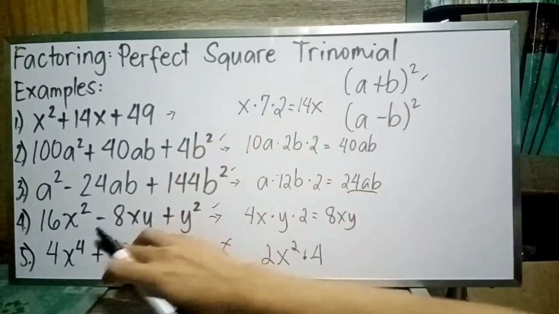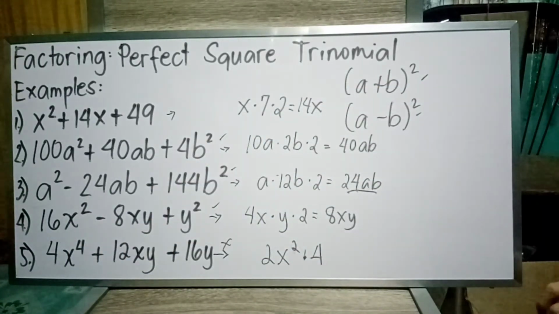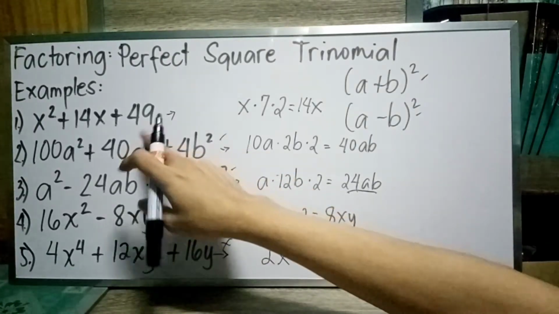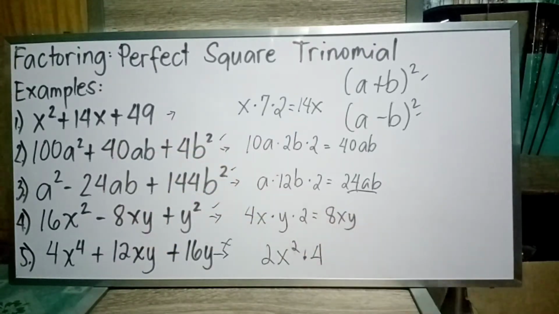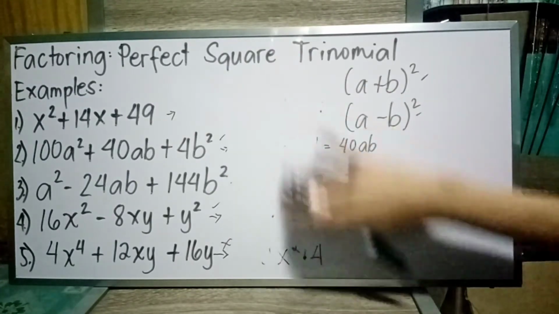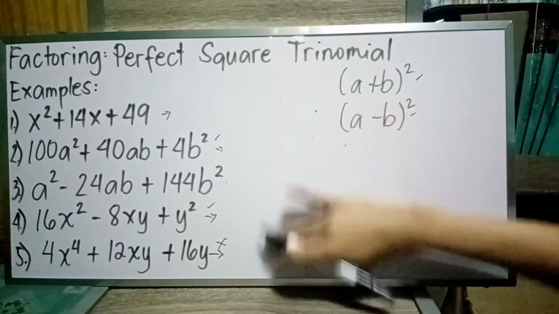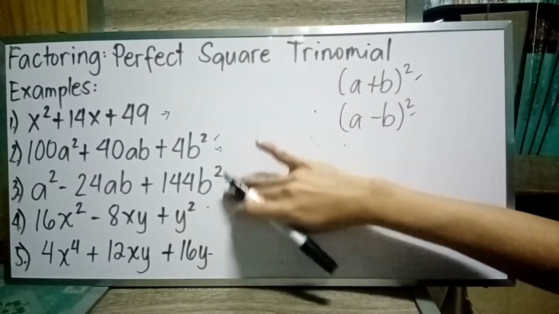If the middle term is negative, like the third and fourth, you will use this one. Okay, now we know that the first number is a perfect square trinomial. Let us erase this one first, and let us factor it out.